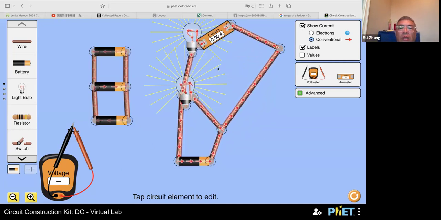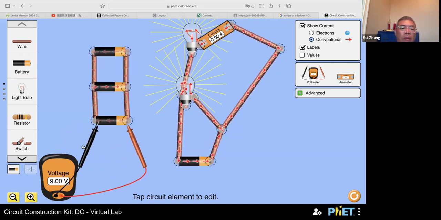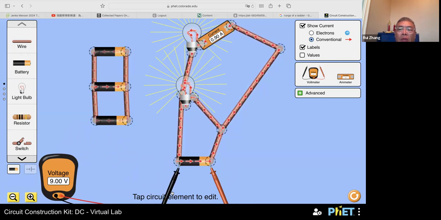Essentially, when you measure current, you put the ammeter in series with whatever device you want to measure. When you measure voltage, you put the voltmeter in parallel with whatever you want to measure, like this or this. I think that's all you need to know about this lab.